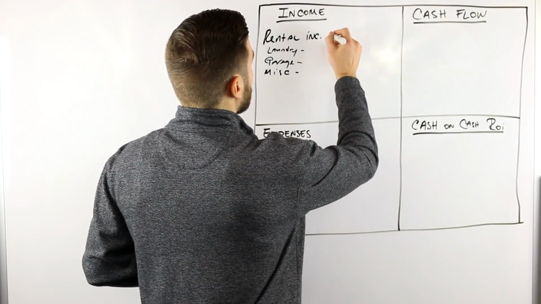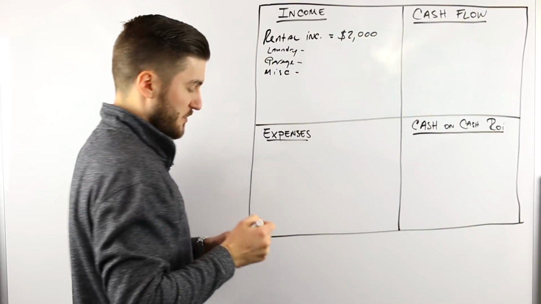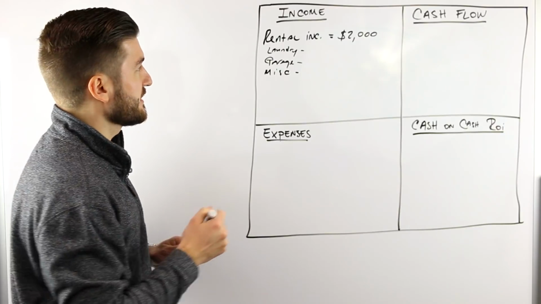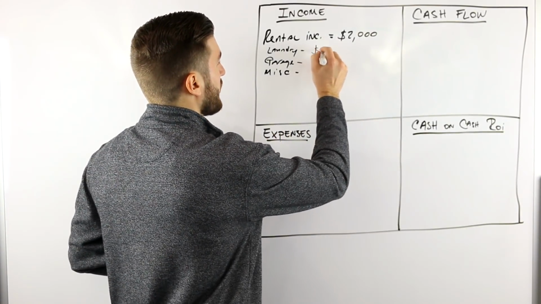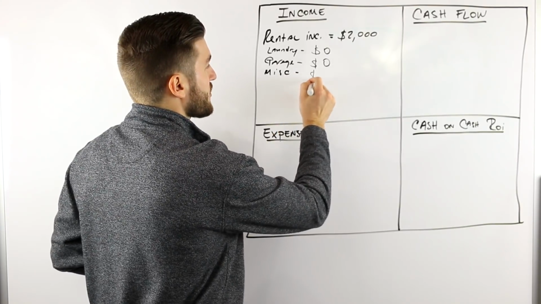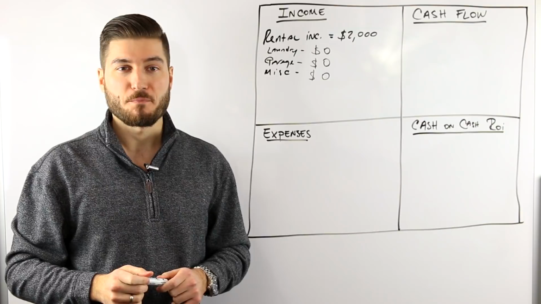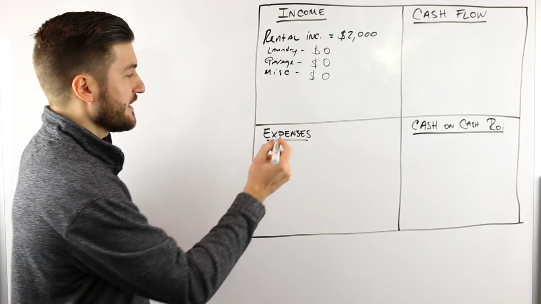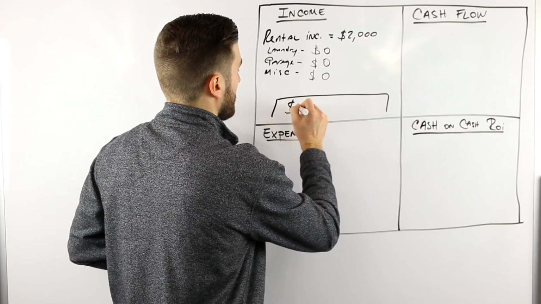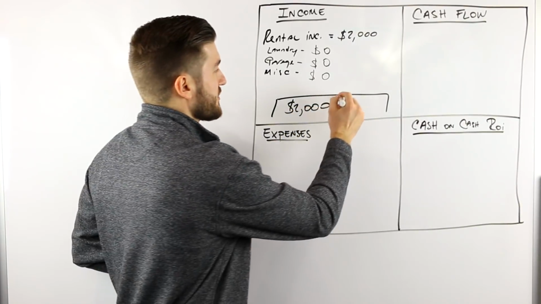So 1,000 times 2 equals $2,000 a month in rental income. Just for simplicity's sake, I'm going to assume that we don't have a laundry. The garage comes with the property. We're not charging any extra for that. And let's say miscellaneous income is zero as well. So with that being said, the total monthly income that this property is bringing in is $2,000 a month.